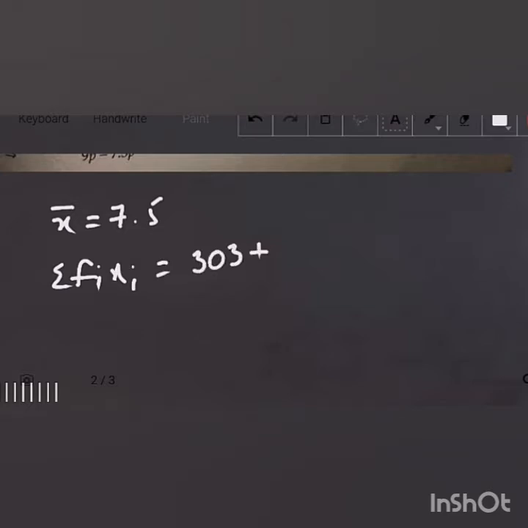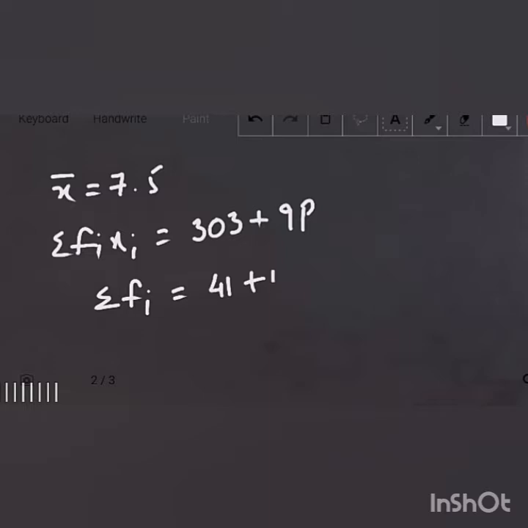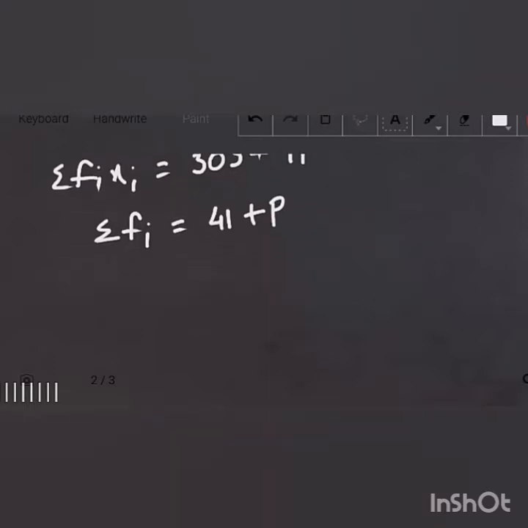We know x bar equals 7.5, sigma fi xi is 303 plus 9P, and sigma fi is 41 plus P. According to the formula, x bar equals sigma fi xi by sigma fi.